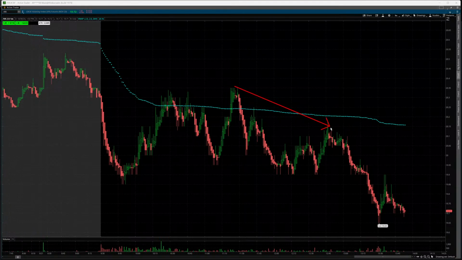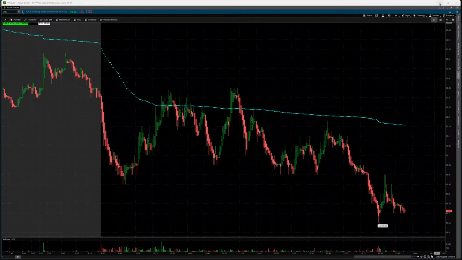It made a lower high, then really started to move lower just around 12:30, 12:45. All right, so we know now that price is increasing, implied volatility is dropping, and market makers are buying back short futures.